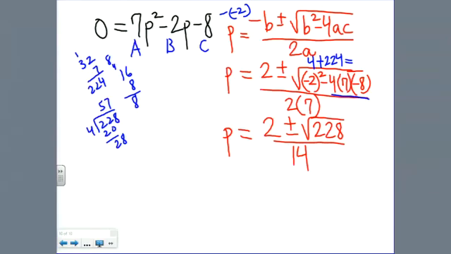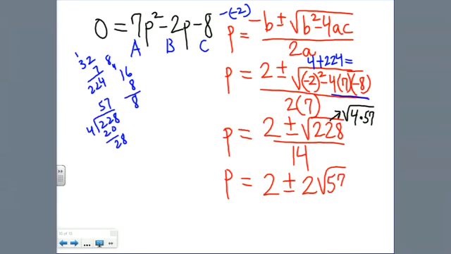We can break down through trial and error 228 as 4 times 57. Because we know the square root of 4 is 2 on the outside. And 57, we can't break that down at all, so it stays inside the radical. All over 14.